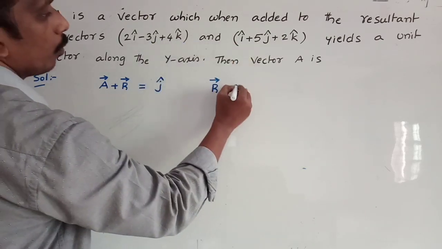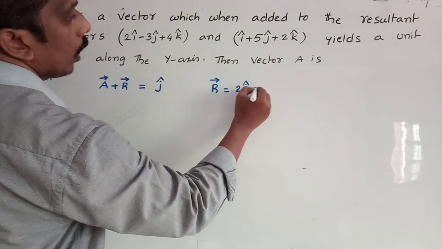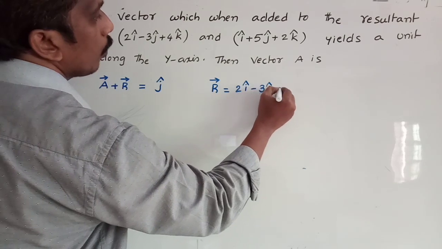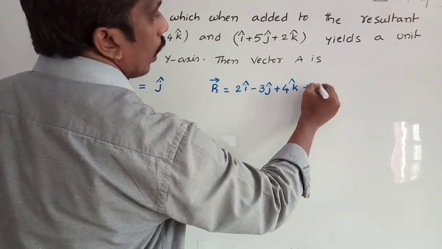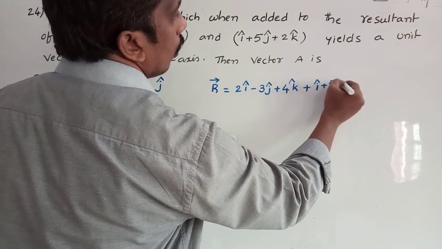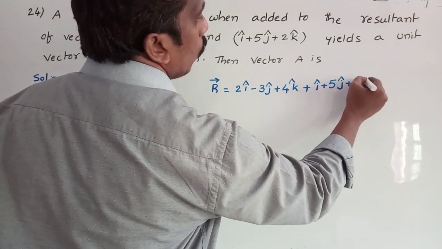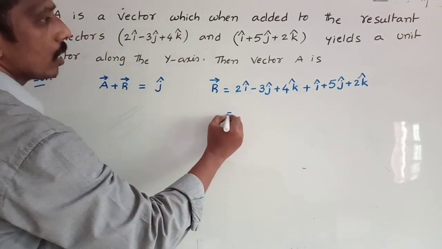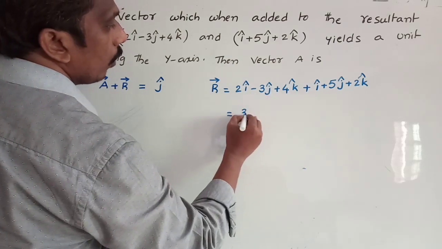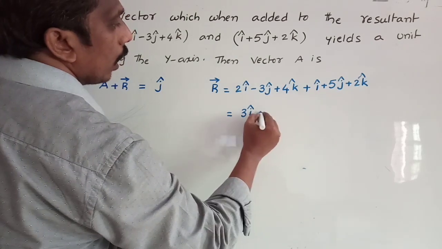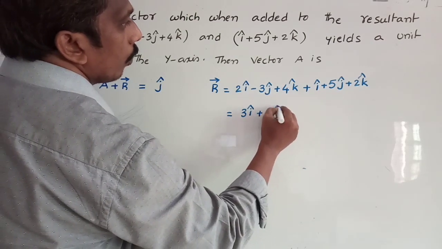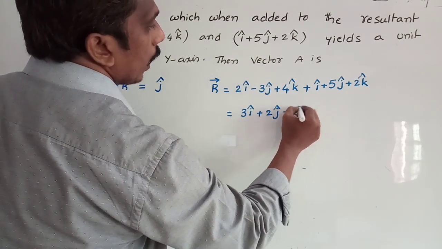This resultant R bar is equal to the resultant of these two: 2i cap minus 3j cap plus 4k cap plus i cap plus 5j cap plus 2k cap, that is equal to 2i plus i, 3i, minus 3j plus 5j, that equals plus 2j, plus 6k cap.